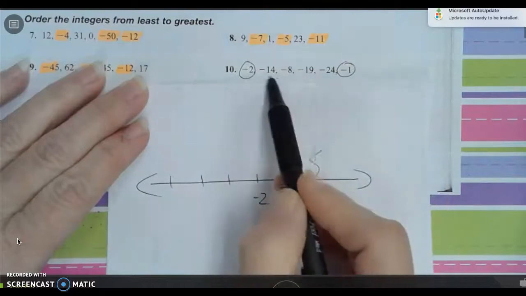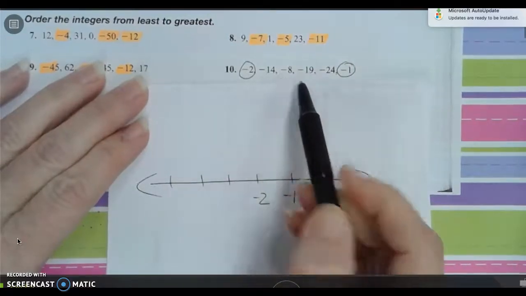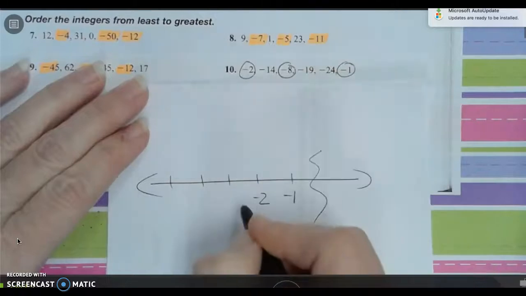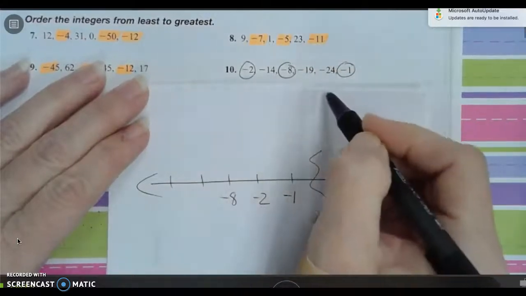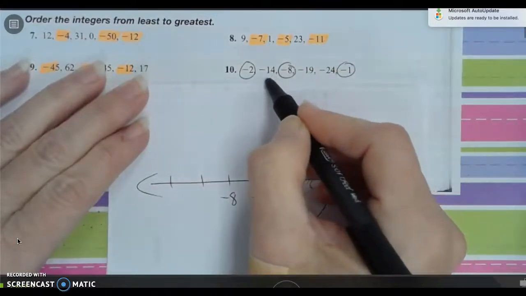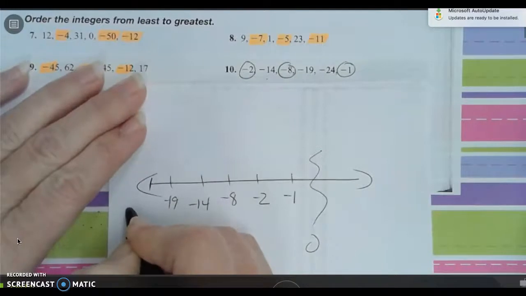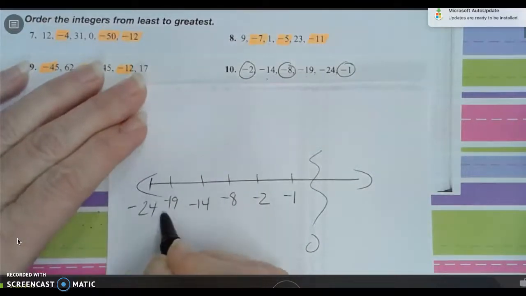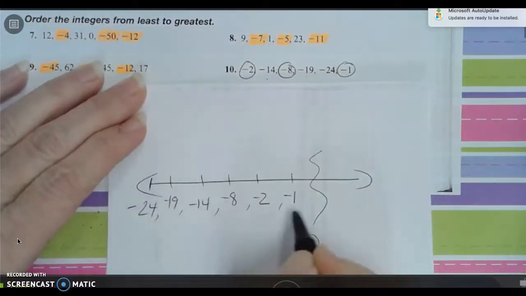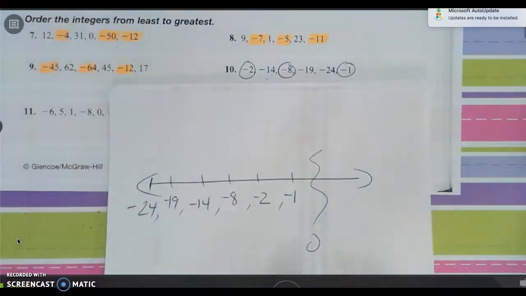And then if I start thinking -3, -4, -5, -6, then I'm going to eventually get to -8. And then I would get to the -14, -19. I didn't make my line big enough, did I? And then -24. So if I put commas there, I've got all of my numbers listed least to greatest. So now it's time to do a little practice, and we will start something different tomorrow.